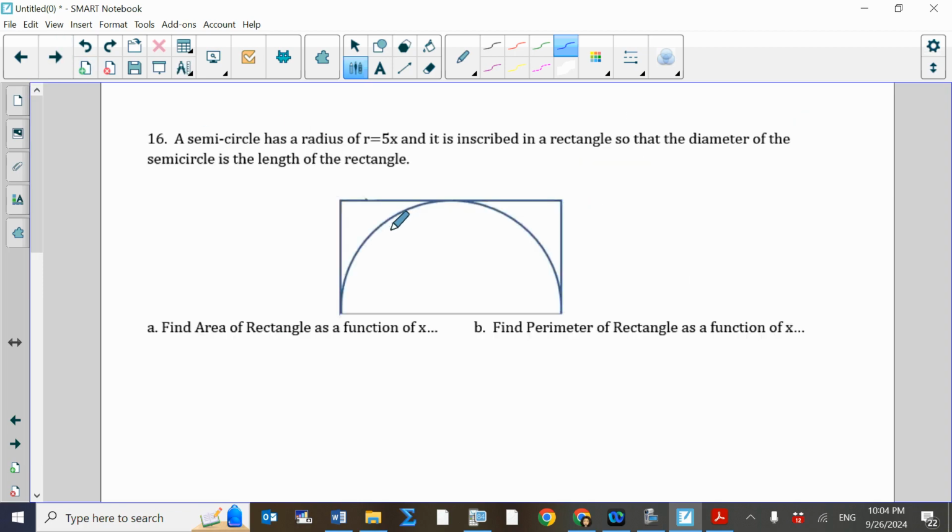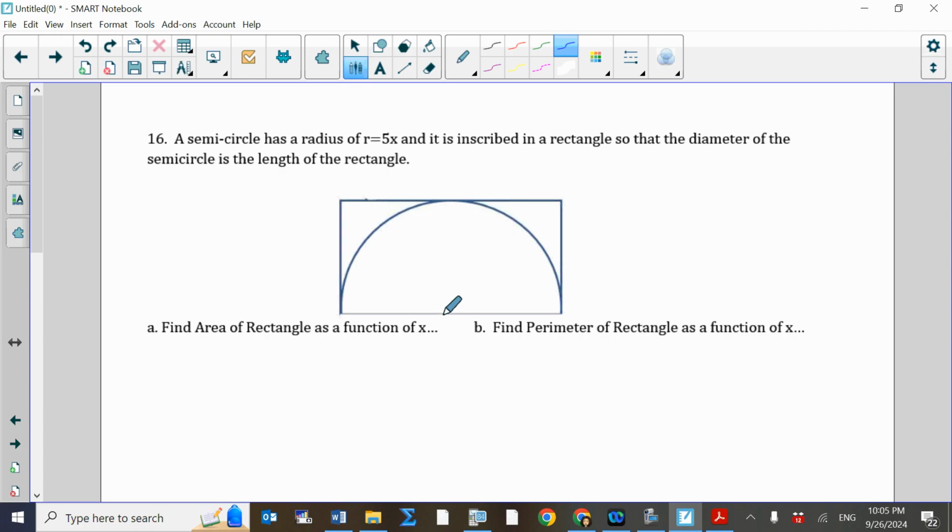Okay, next question. A semicircle has a radius of r equal to 5x and is inscribed in a rectangle. Inscribed means it's inside the rectangle and it touches the sides of the rectangle, so the diameter of the semicircle is the length of the rectangle.